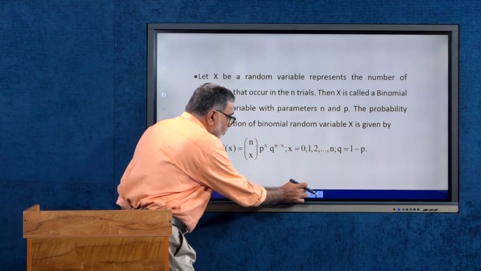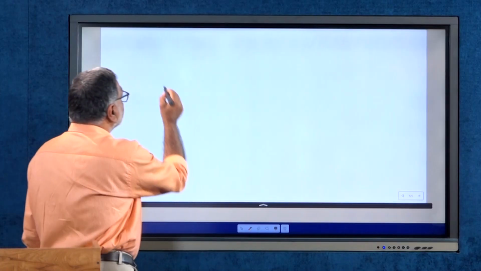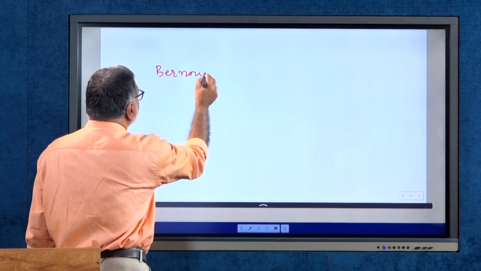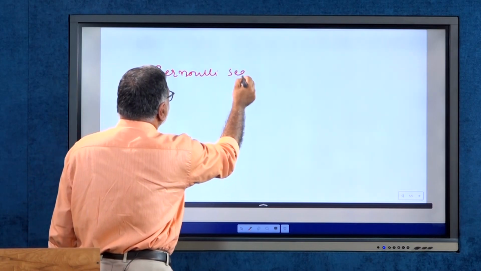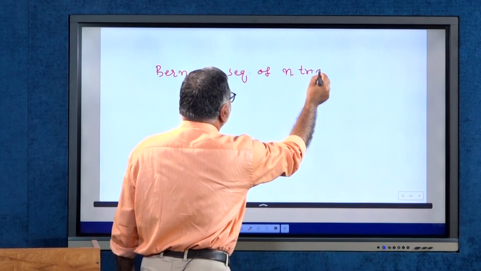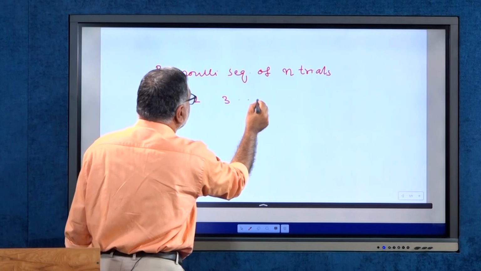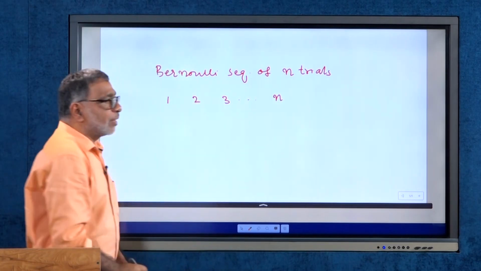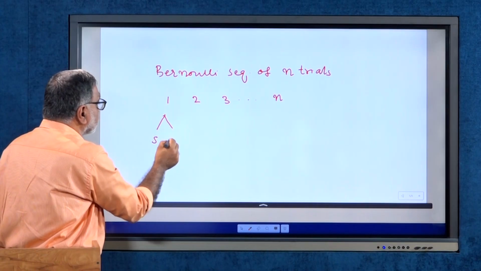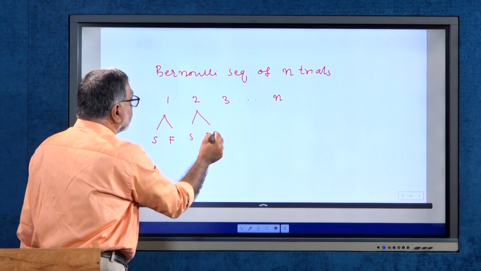So consider a Bernoulli sequence of n trials. That means we have trial 1, 2, 3, and so on up to n, and each trial results in either a success or a failure.